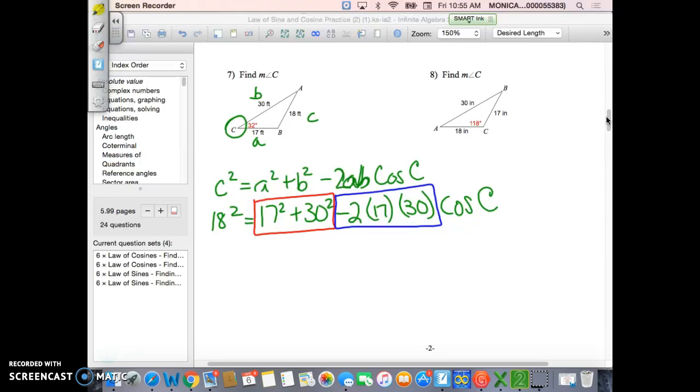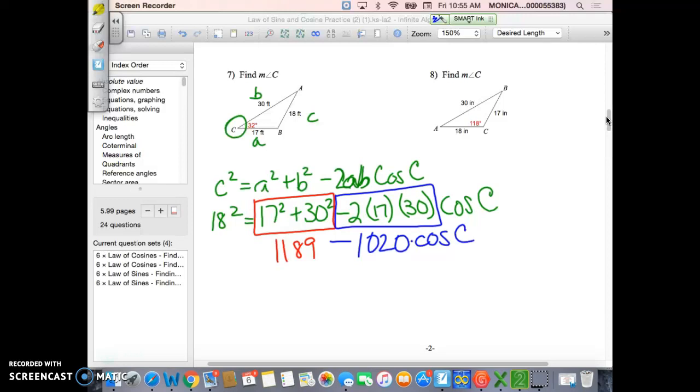When I type this into my calculator for the red part, I get 1,189. All right, now I'm going to do the blue part, which is -2 times 17 times 30. Make sure you're hitting the times sign. And for the blue part I get negative 1,020. And don't forget, it's also attached to the cosine of C, since there's a multiplication sign here.